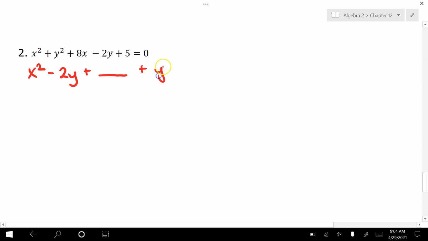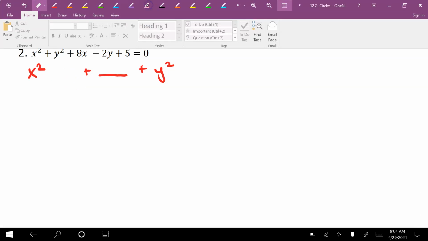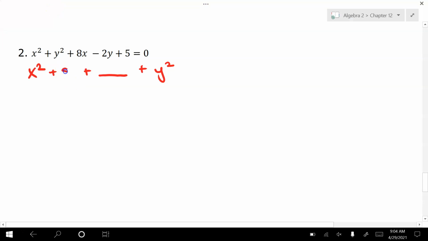So y squared, whoops, I wrote the wrong thing down. Should be x squared plus 8x. Then y squared minus y, draw in your second blank. Let's move that 5 over. So it's going to become -5 because I'm going to have to subtract it from 0. So it equals -5 and then plus, draw in your 2 blanks here.